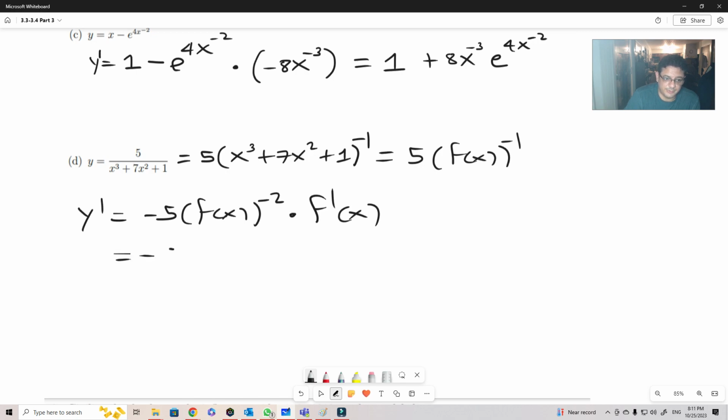So now this is minus 5 times x cubed plus 7x squared plus 1 to the minus 2, and now multiply by f prime, but f prime is the derivative of x cubed, 3x squared, plus 14x, and plus 1, the derivative of 1 is 0, so that disappears here.